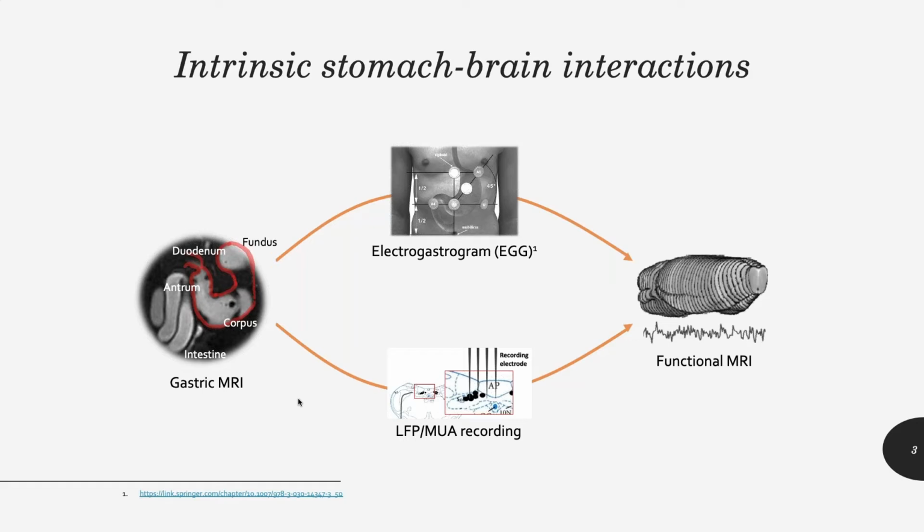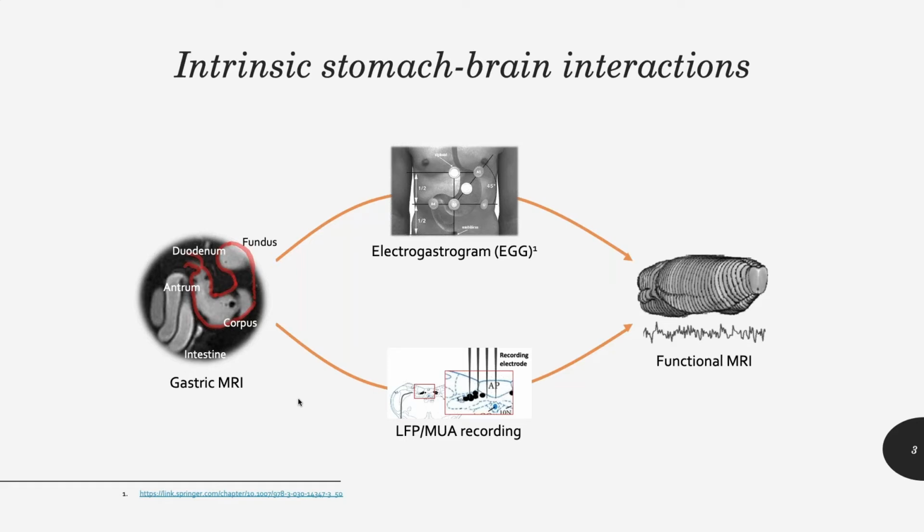Another bridging technique is that we can use the local field potential recording and the unit activity recording during the gastric MRI or during the functional brain fMRI. So by assessing the intrinsic stomach-brain interaction, we can reach real simultaneous recording of electrophysiology and the functional brain activity or the gastric activity.